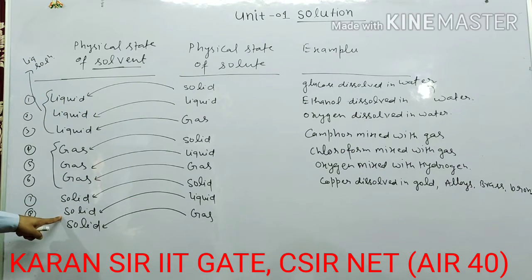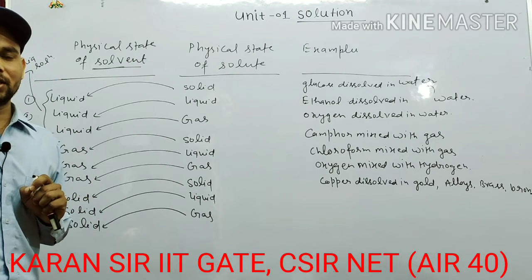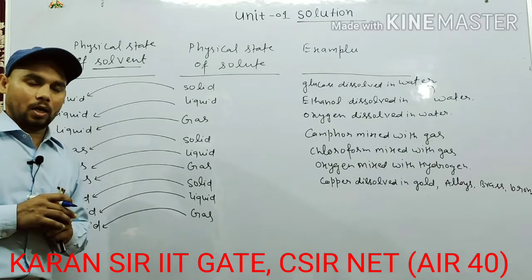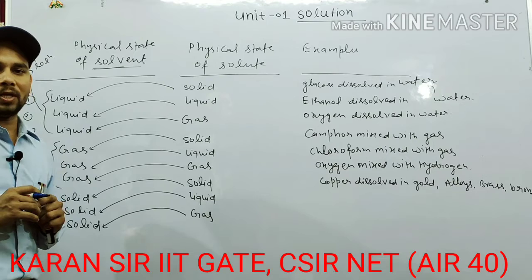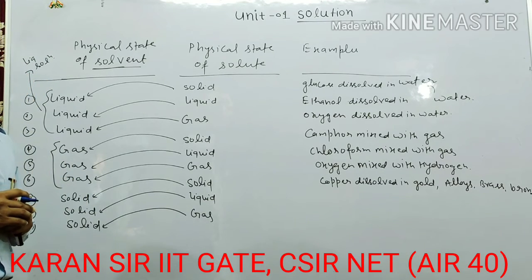Liquid in solid, you know what the state of mercury, Hg, liquid. Mercury, actually this is the only metal which is found in the liquid state at the room temperature, but all other metals are present in the solid state at the room temperature.